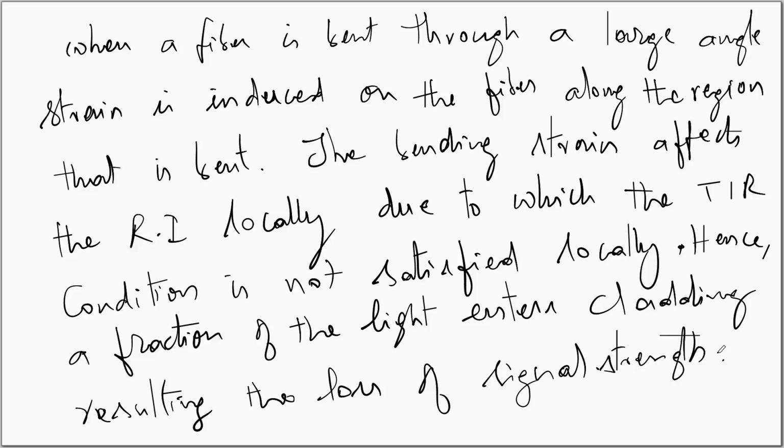So when the fiber is bent, the refractive index of both the core and the cladding will be altered due to the induced strain. Since the refractive index is changing over the region where the strain is induced, the total internal reflection condition is not satisfied locally. As a result, light enters into the cladding, and this results in the loss of signal strength. This is happening due to the bends through large angle. We call such bending losses macro bending losses.